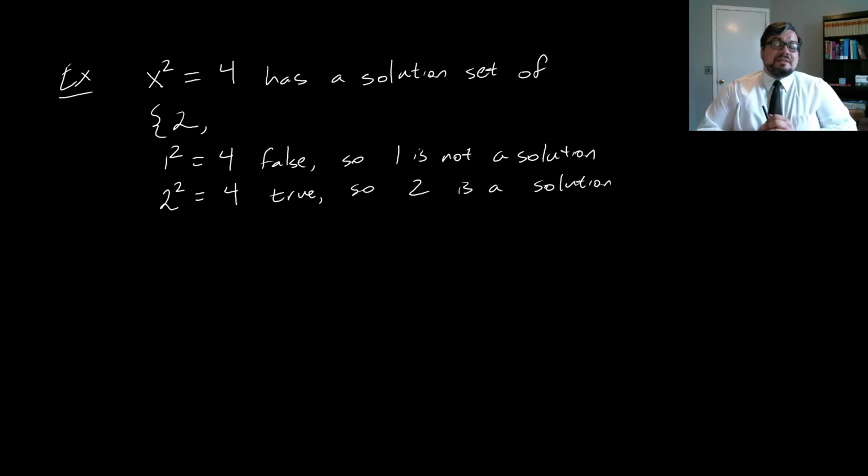Now, this is not the only solution to this one, because remember how negative numbers work when we plug them into exponents. If I take negative 2 squared, that means that I need to take this whole value, negative 2, and square it.